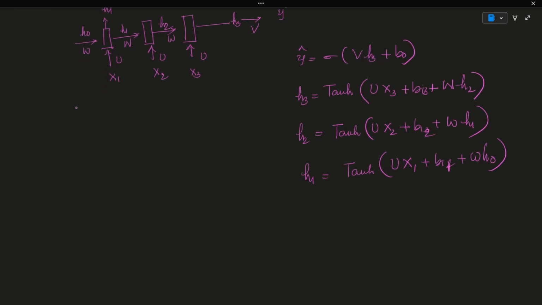So what do we do in backpropagation? In backpropagation, we calculate the loss or error. Let us say it is E. E is a function of the actual value and the predicted value, the difference, and we want this to be minimum. So in backpropagation, we try to calculate U, V, W. Why do we want to calculate them?